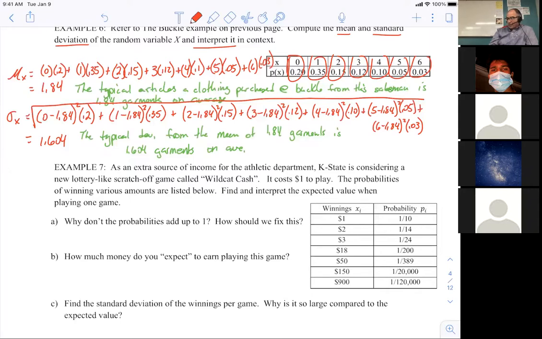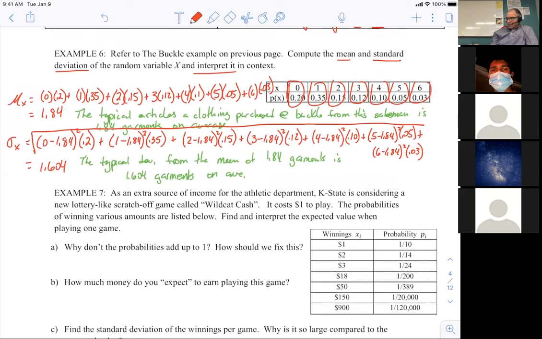And if I remember right, when I was going back through this and giving my other lectures, I'm not for sure if I interpreted with you guys. I think the green writing is something I added afterwards. So the typical articles of clothing purchased at the Buckle from the salesman is 1.84 garments on average.